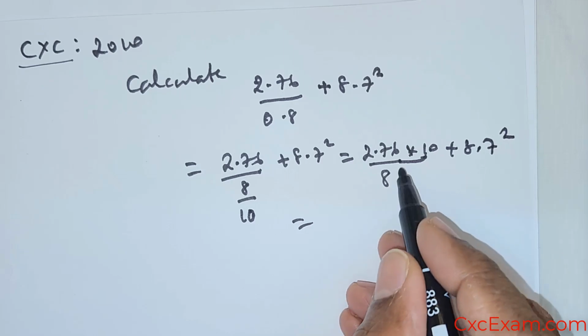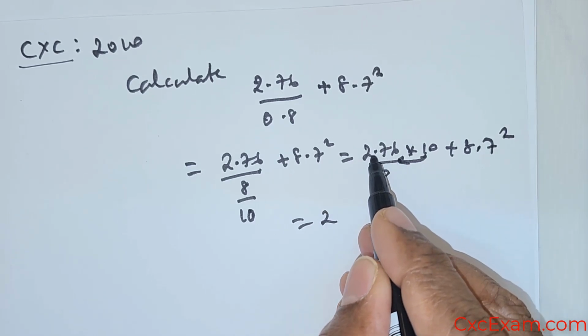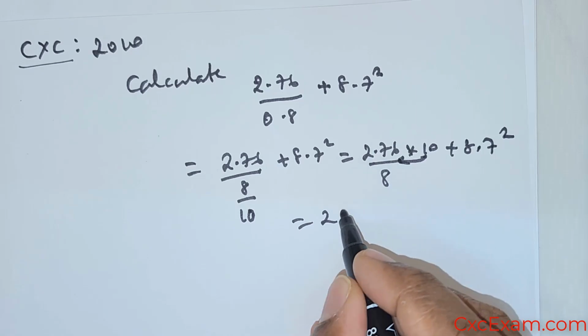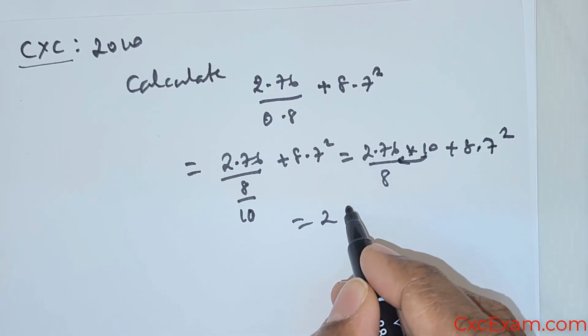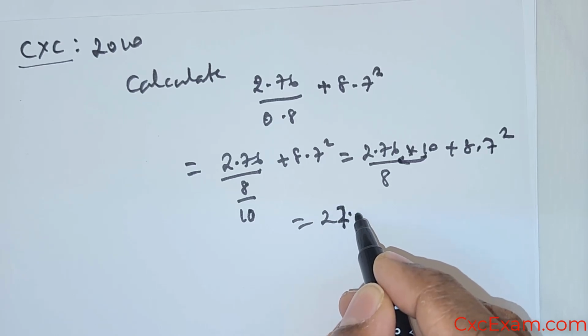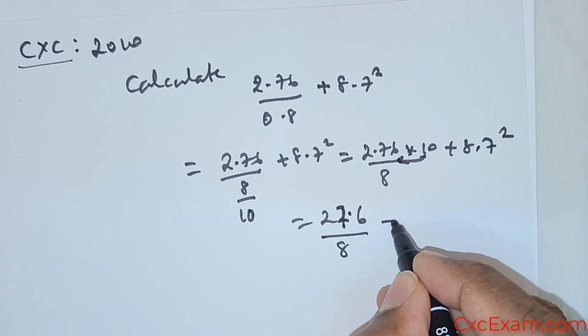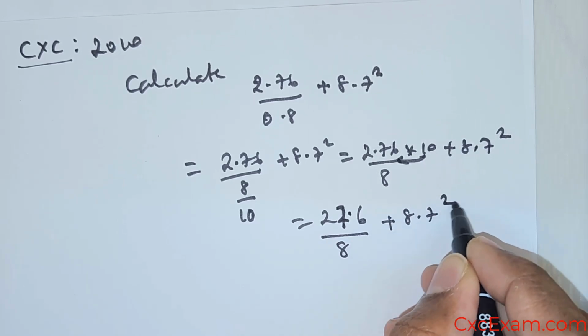You multiply these two, this is going to actually move the decimal to the right. So this would be 27.6 divided by 8 plus 8.7 raised to the power of 2.